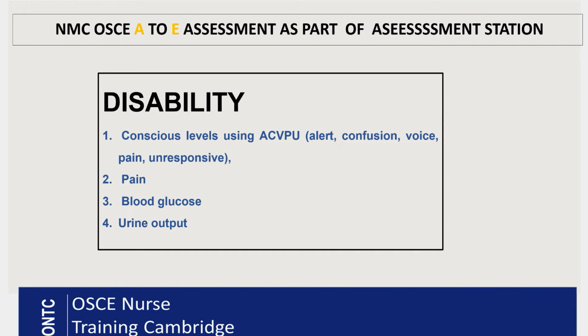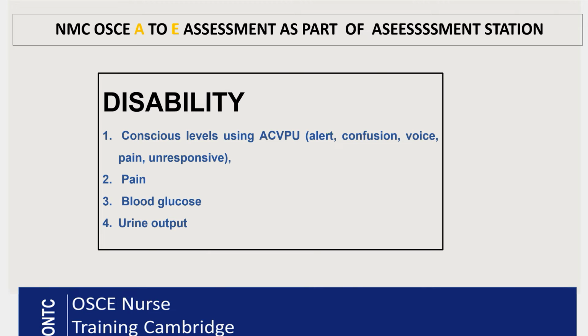So just work out whether your patient is alert, talking to you and answering all your questions without any indication of confusion. Otherwise you can check their confusion levels. If you get a neuro patient, they might be confused, they might not be. So you will comment on whether your patient is alert or confused.